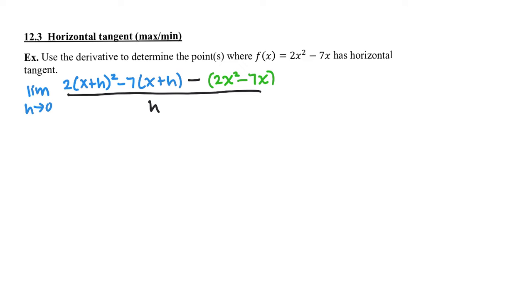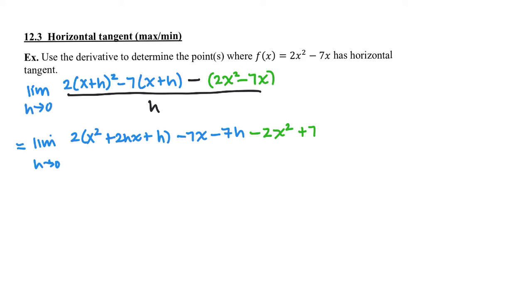Okay, let me go ahead and simplify this. I have to simplify some more, but I'm gonna go out and cancel off the 7x's just so I don't have to write them anymore.